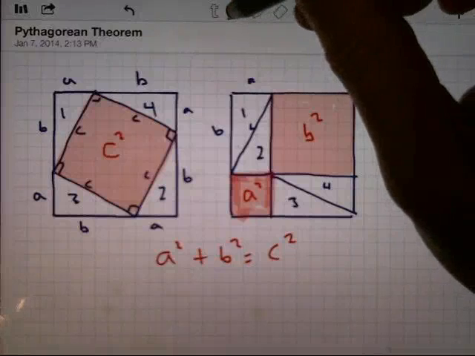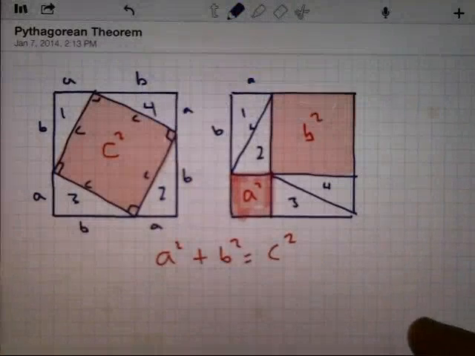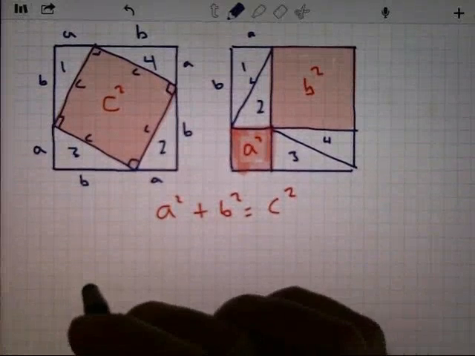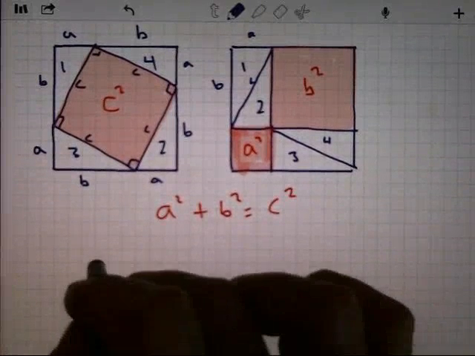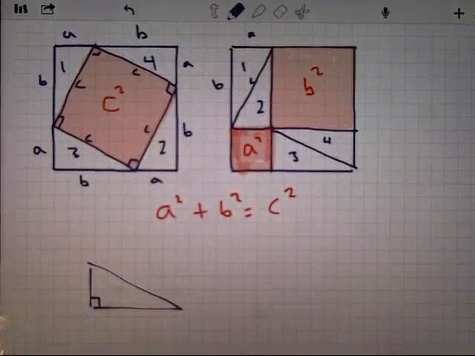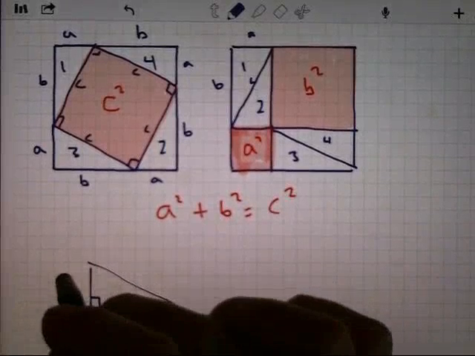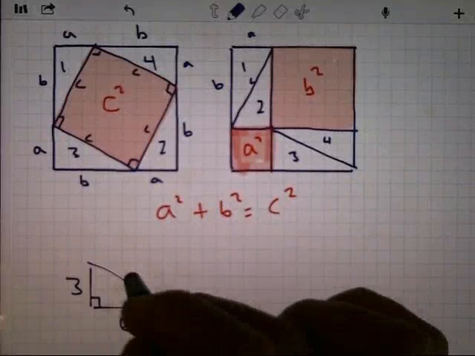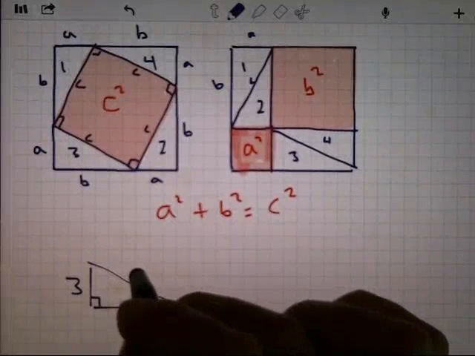Right. So using that, and I'm sure you've done this before, but I just want to make sure that if you have a right triangle and you know two side lengths, you ought to be able to find the other one. So for instance, in this case, if this is 3 and 6, how long is that other side? Well, this other side happens to be the hypotenuse here.